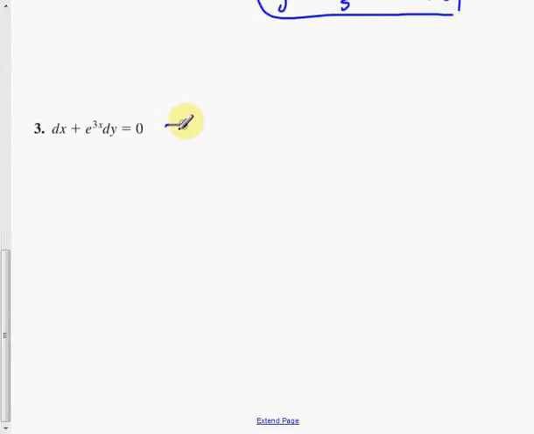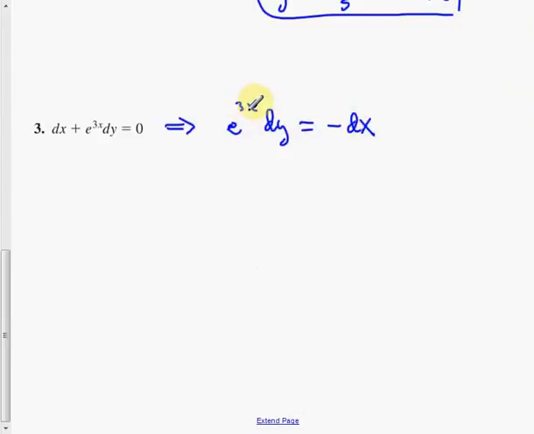So here this implies that if I subtract both sides by the dx, I have e to the 3x dy is equal to negative dx.